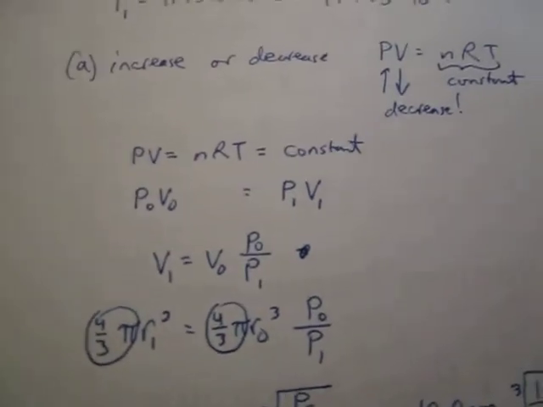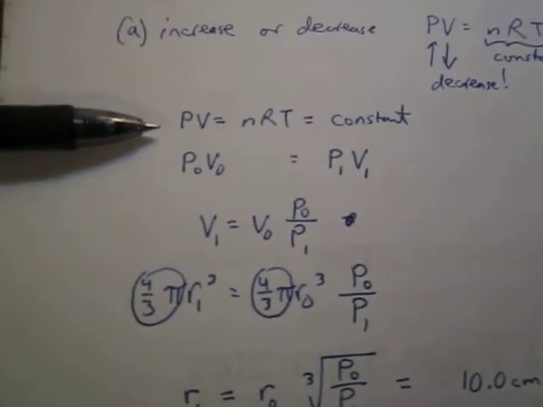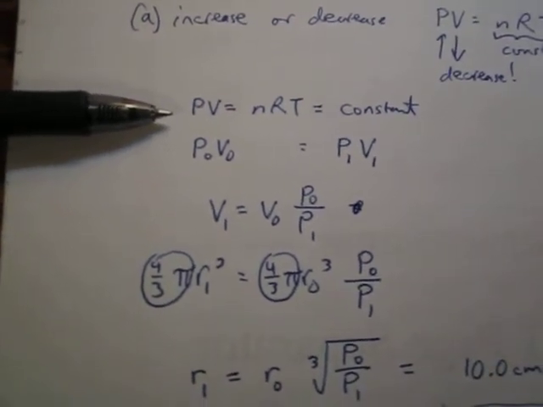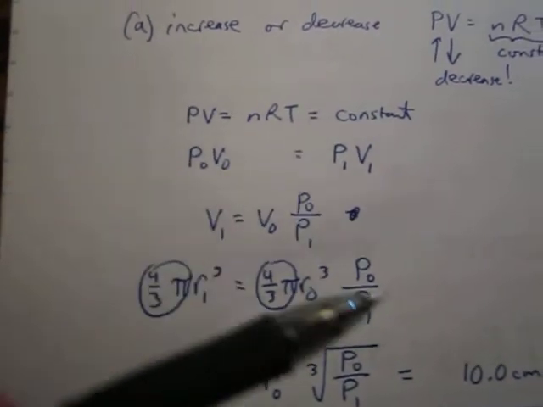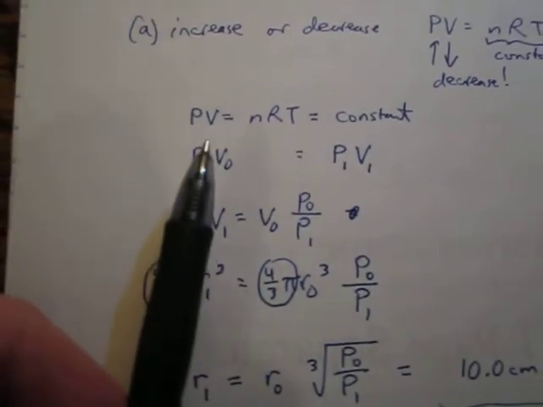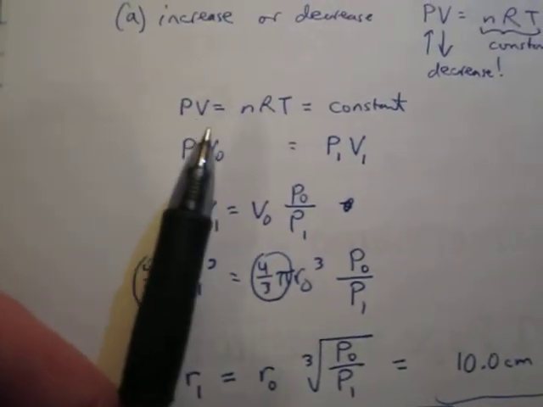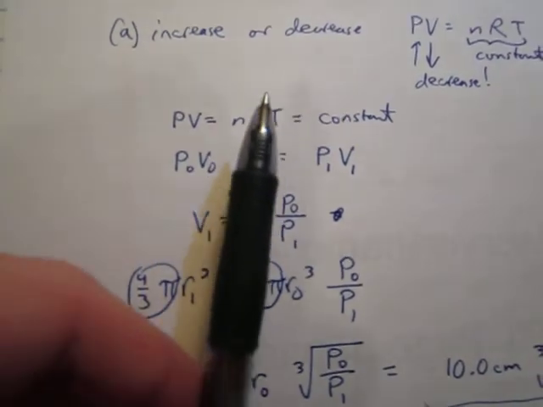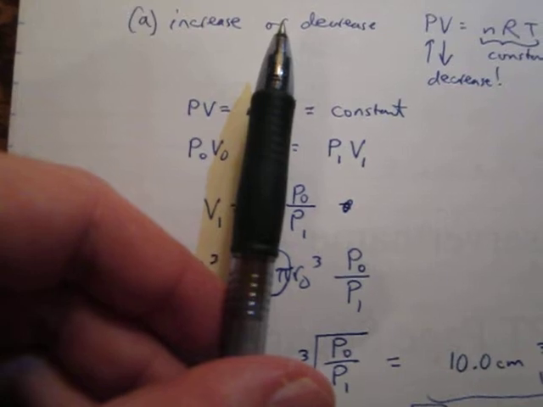Now, let's solve for it. Here's the trick. When you have PV equals nRT, isolate on the right-hand side the things that are constant, and on the left-hand side, the things that vary. In this case, it's already in that form. PV, the things that vary, equals nRT. I'm going to cover up this nRT and just say PV equals constant.